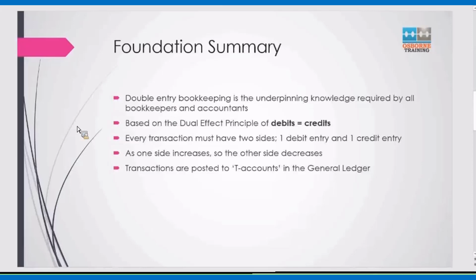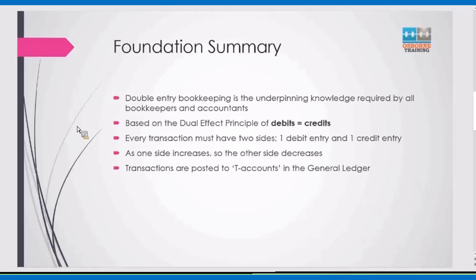Okay, so looking at double entry bookkeeping specifically then, as we mentioned in the beginning, this is the underpinning knowledge that is required by all bookkeepers and accountants. Okay, you really need to know your double entry bookkeeping. It is based on the dual effect principle, okay, of debits equals credits.